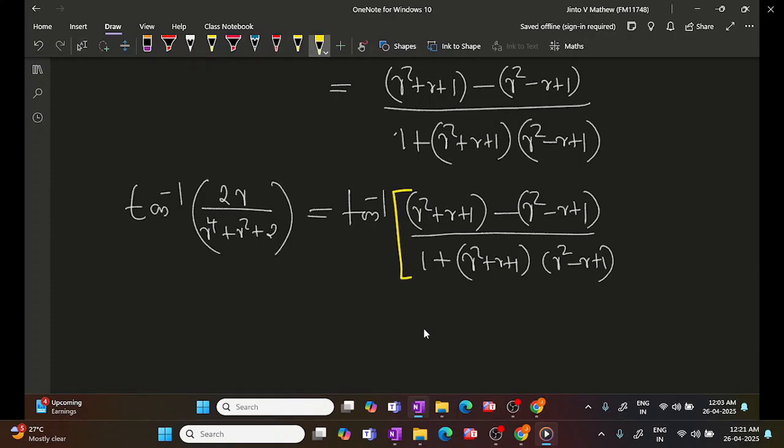And if we observe this, it is of the form tan inverse x minus y divided by 1 plus x into y. So that is nothing but tan inverse x minus tan inverse y.